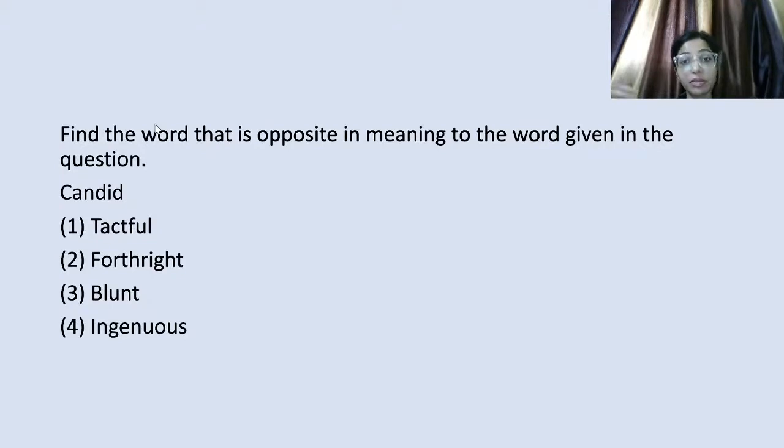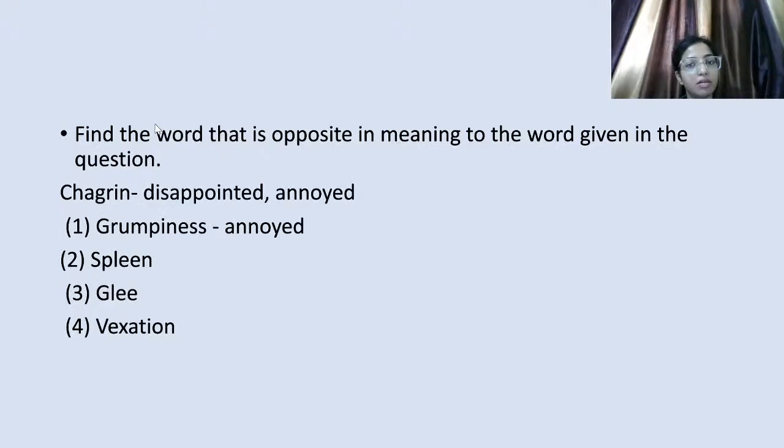Okay, and I hope you're noting down the words. Now we move to another question.